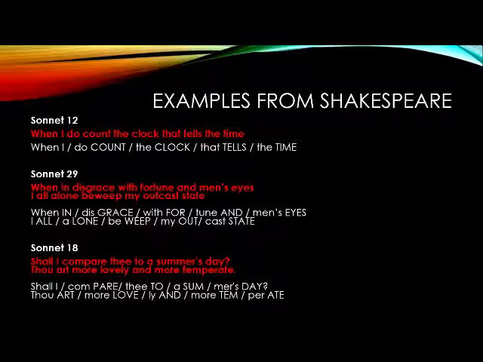Every second syllable in an iamb, in a pair of syllables, is going to be the louder one. If I were to reverse that, it would sound kind of stupid. It might sound like this: "When I do count the clock that tells the time." If I mix it up, I end up putting emphasis or exaggeration or stress on the unimportant words. As it is, I count, clock, tell, time.